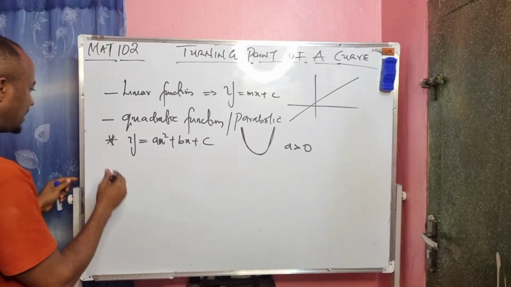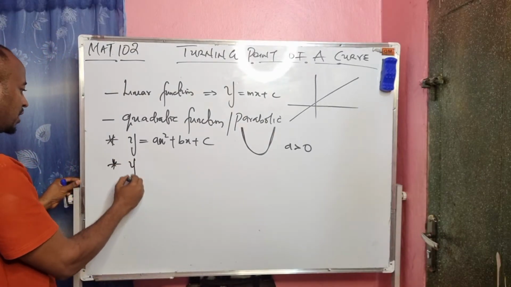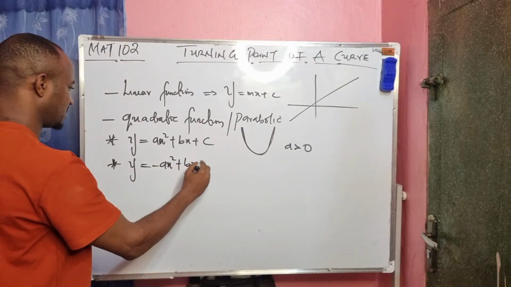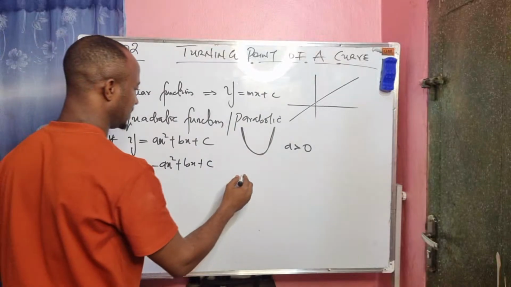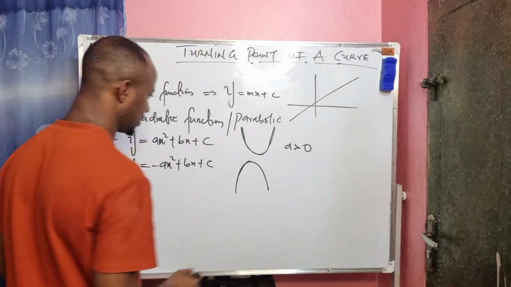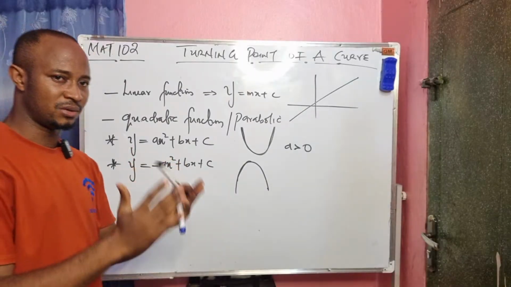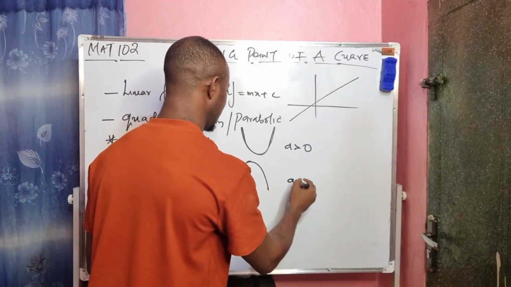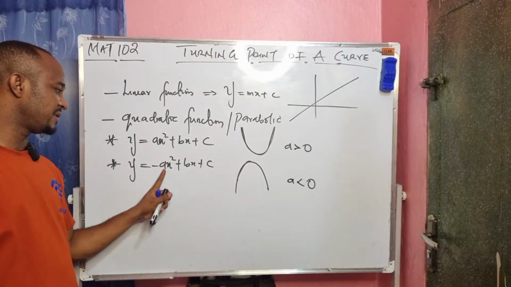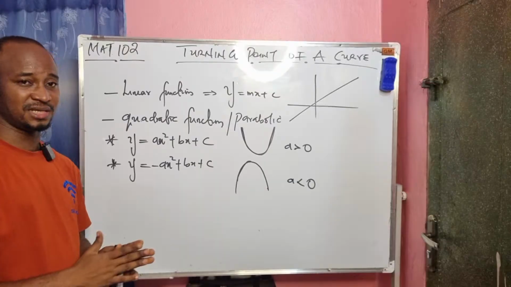But what happens if I have a curve like this, minus ax squared plus bx plus c? In this case, this curve will open downward. In this case, a is less than 0, meaning that the value of a is less than 0.